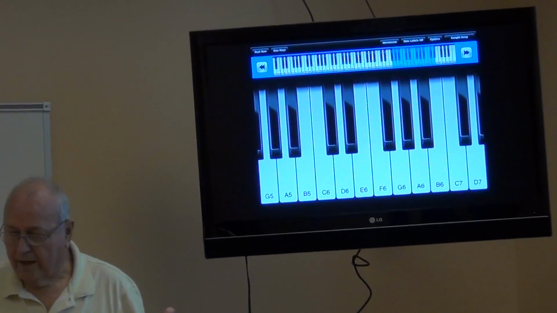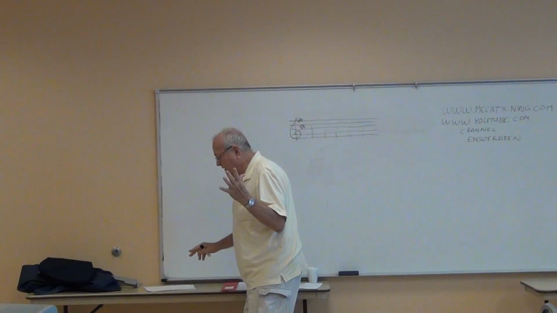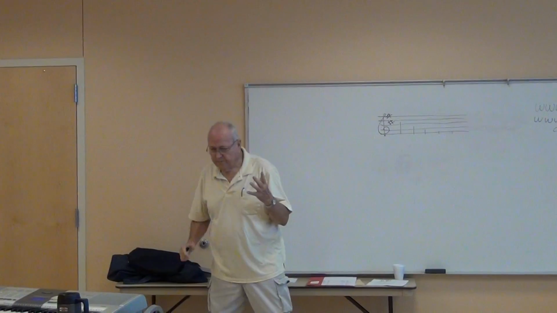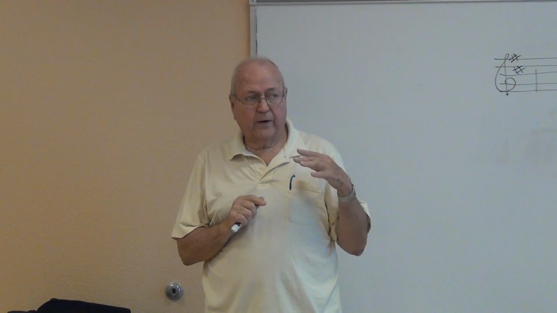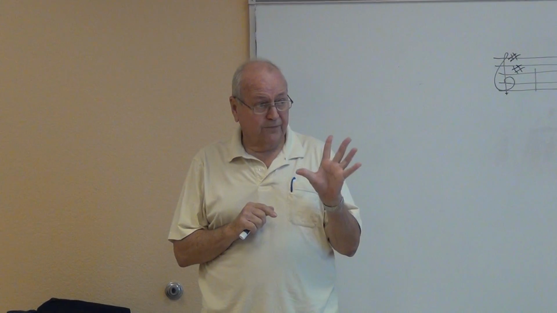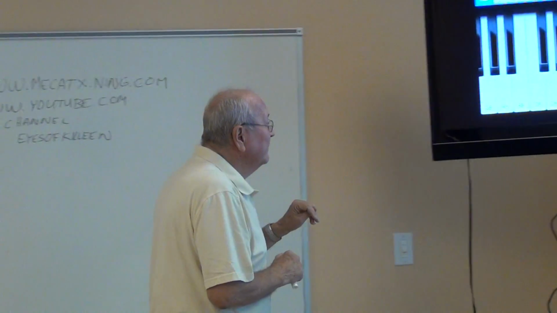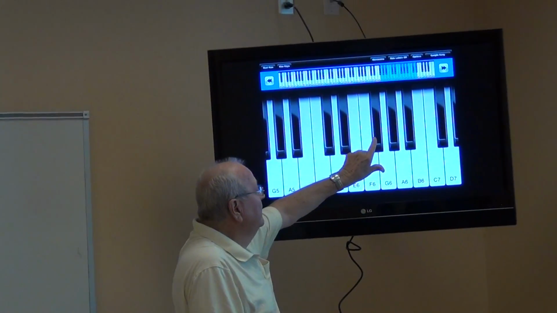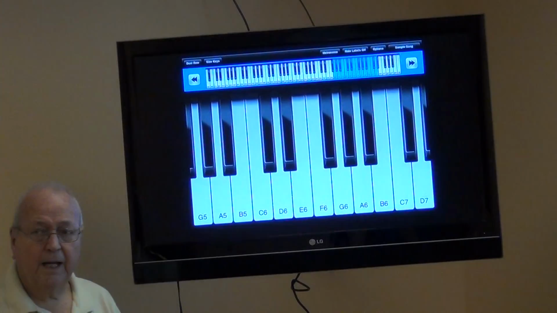So, there are a lot of keys we're not going to get into. You probably won't encounter them. There are things, you know, the sharps and the flats. Any of these keys have two names. What are both names of this key? Anybody tell me?